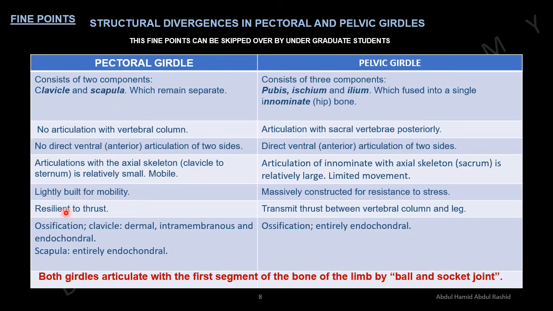Pectoral girdle is resilient to thrust, and pelvic girdle transmits thrust between vertebral column and leg. In pectoral girdle, ossification of clavicle is dermal, that is intramembranous, and endochondral. Scapula is entirely endochondral. In pelvic girdle, ossification is entirely endochondral. Both girdles articulate with the first segment of the bone of the limb by ball and socket joint.